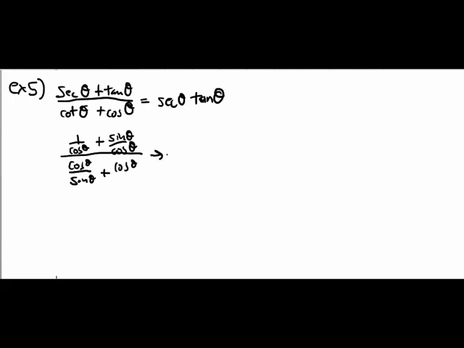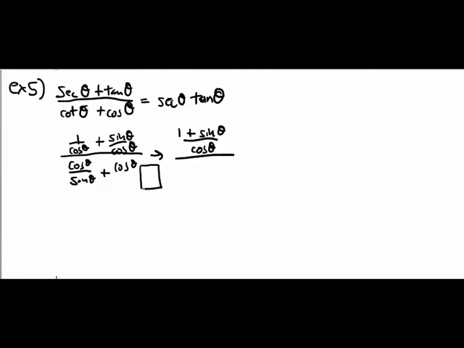Now, like we did in the previous video, I want to combine these fractions since they have common denominators. So I have 1 plus sine theta divided by cosine theta. Now, in the denominator of my complex fraction, I got cosine theta divided by sine theta plus cosine theta over just 1.